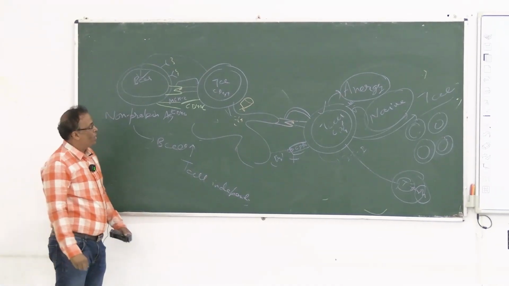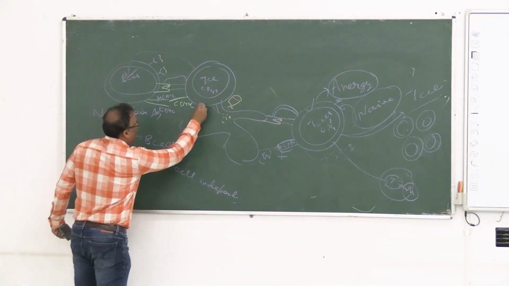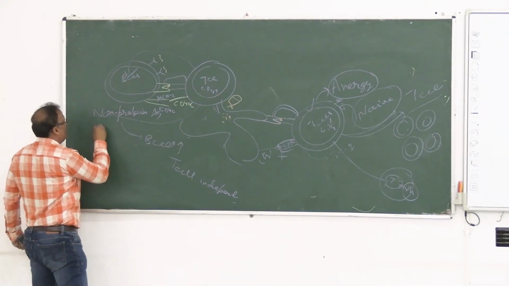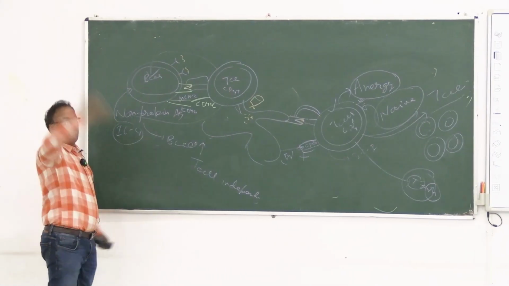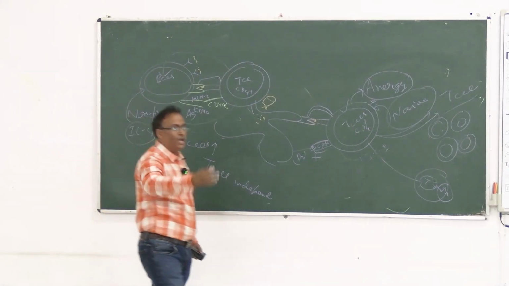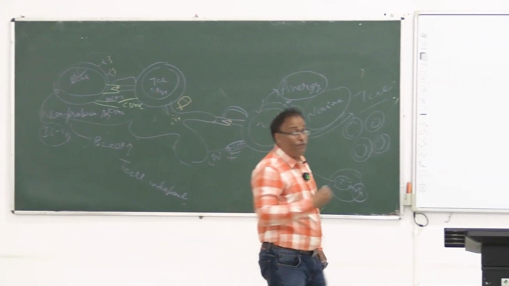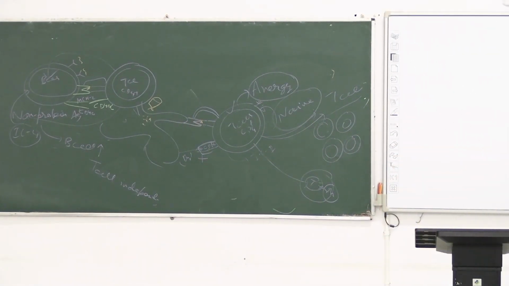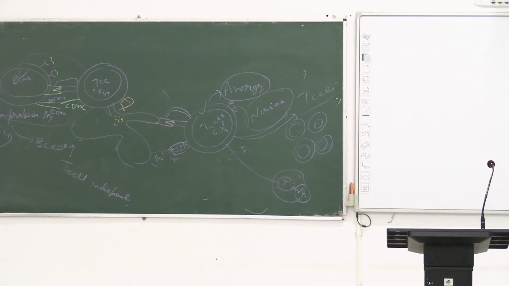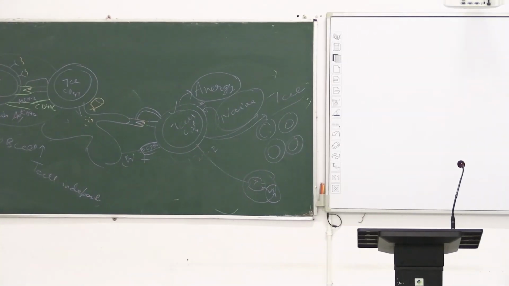Understood? Not only that, a T cell will release interleukin 4 and again it activates profuse differentiation and proliferation into the effector B cell as well as memory B cells. Understood? Because this is T cell dependent, memory cells will form.